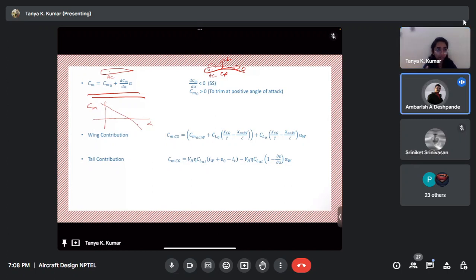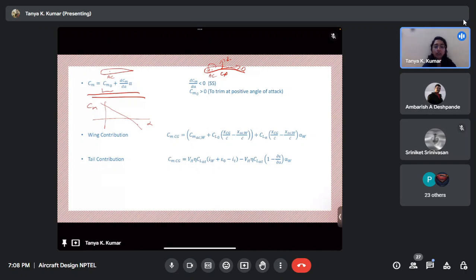So that is the major contributor towards this Cm naught. That is always there. For a symmetric airfoil, there is no Cm naught, because the aerodynamic center and CP of a symmetric airfoil are the same point. It doesn't come with a moment. So the Cm naught for a symmetric airfoil is non-existent.